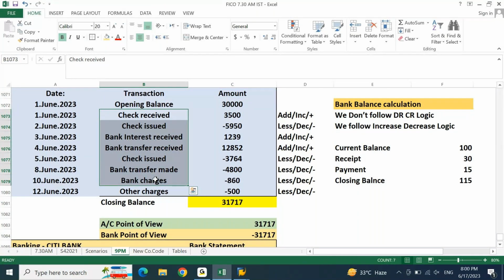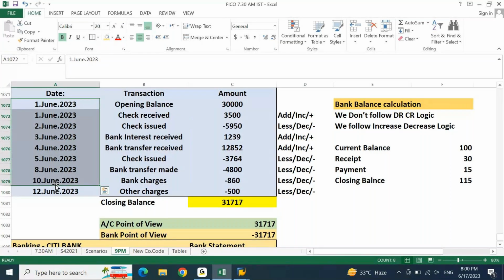Take any dates, but make sure you take all the dates of the current month or any single month. Don't club some dates of May and some dates of June, because you will always prepare the bank statement for one particular month. You will not prepare a bank statement for 2 months together. It's a monthly statement because you are going to generate the balance sheet on a monthly basis. Your BRS is also performed on a monthly basis. Correct?